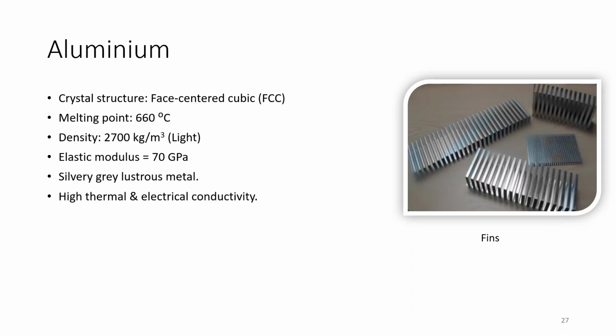For HCP also, it depends on the C over A ratio, where C is the c direction, the vertical direction, divided by the a direction. This ratio is different for various metals, so that's why slip systems are different for some HCP systems as well. But for generalization, you can say that an FCC structure has 24 slip systems and an HCP structure has 3 slip systems or something like that.